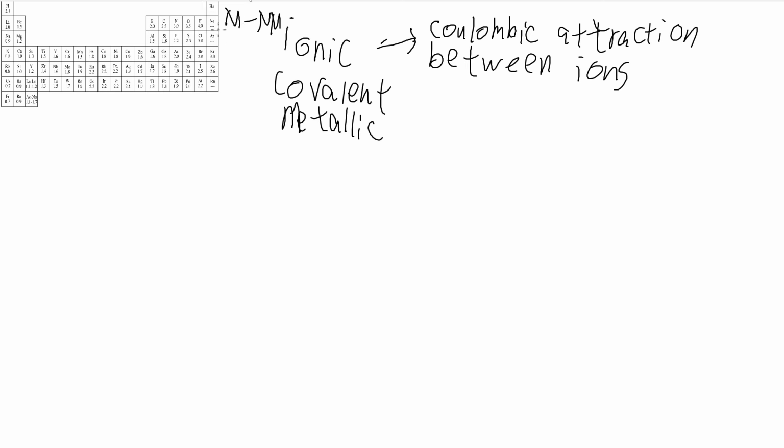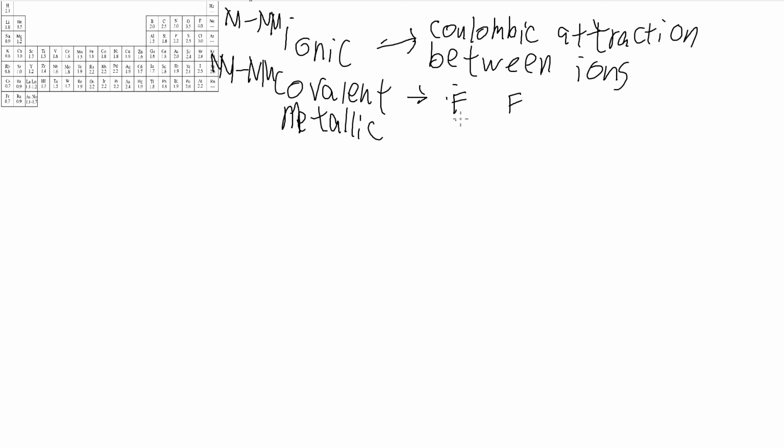Now M in this case represents metal, and Nm represents non-metal. So covalent bonds usually form between nonmetals and nonmetals. Nm and Nm. Alright? And so this is sharing electrons between two atoms. Take the example of fluorine, which is two fluorine atoms bonded together.